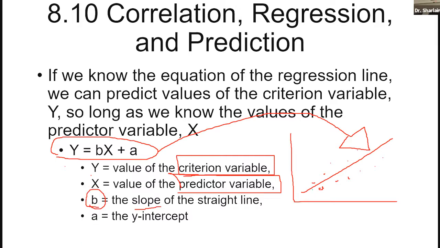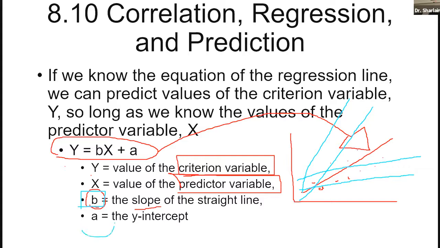Maybe the slope is still positive, but maybe it has a little bit of an incline. Or maybe it's super sharp. Notice that these are still positive relationships, but notice that the slope changed. So that's what the variable B is going to tell me. It's going to give me the slope of that straight line.